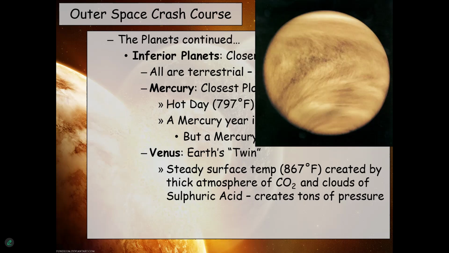But not only that, there's such a dense atmosphere that it creates far more air pressure than we have here on Earth, right? You've experienced pressure before. Maybe you've dived under the water in a swimming pool or something. You felt that pressure on you at the bottom of the pool. That's water.